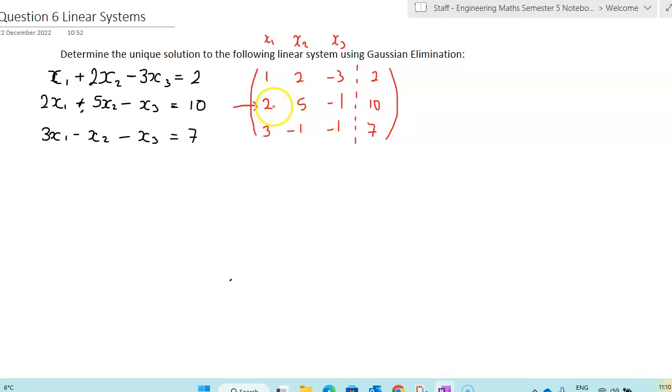So we're going to change row 2. If we take row 2, which is 2, and we take away 2 of row 1, that means 2 ones, that will become 0. So the new row 2 is going to be row 2 minus 2 row 1.